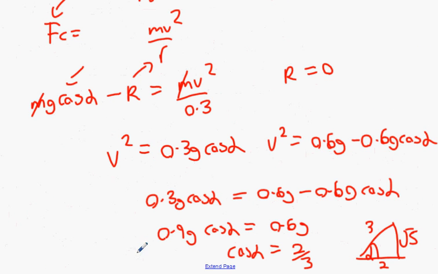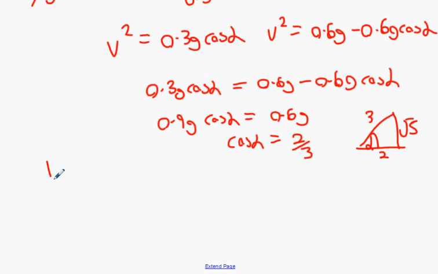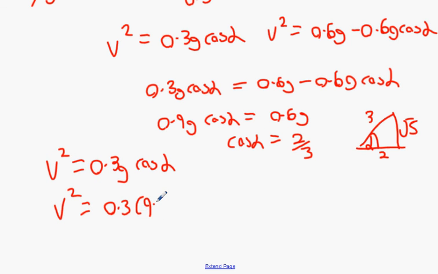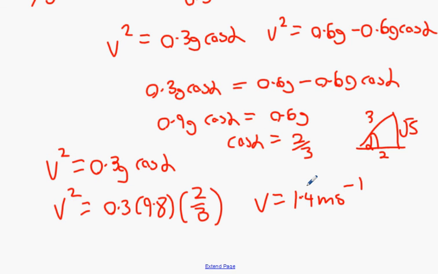Phi squared equals 0.3g cos alpha. Phi squared therefore equals 0.3g times 9.8 times 2 over 3. Put it all into the calculator, square root it, and you'll find out that phi is 1.4 ms to the minus 1. Is that right? 1.4 ms to the minus 1.